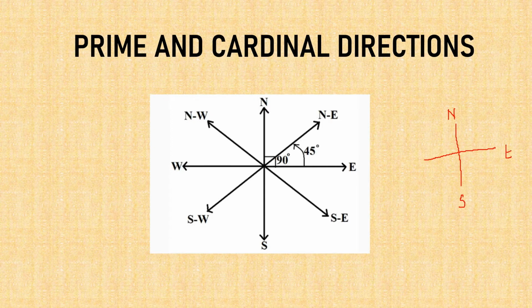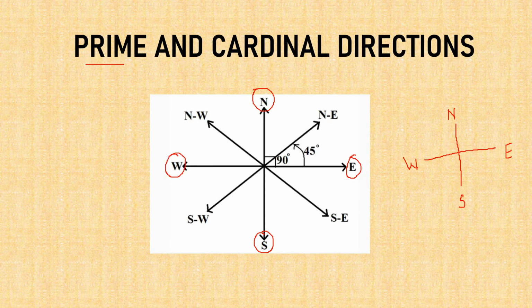The east goes to your right and west goes to your left. These are the prime directions. When we say prime directions, we mean north, south, east and west.